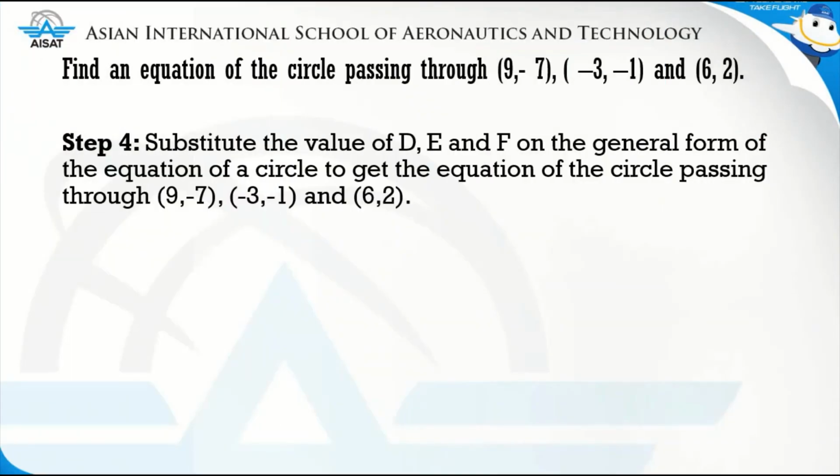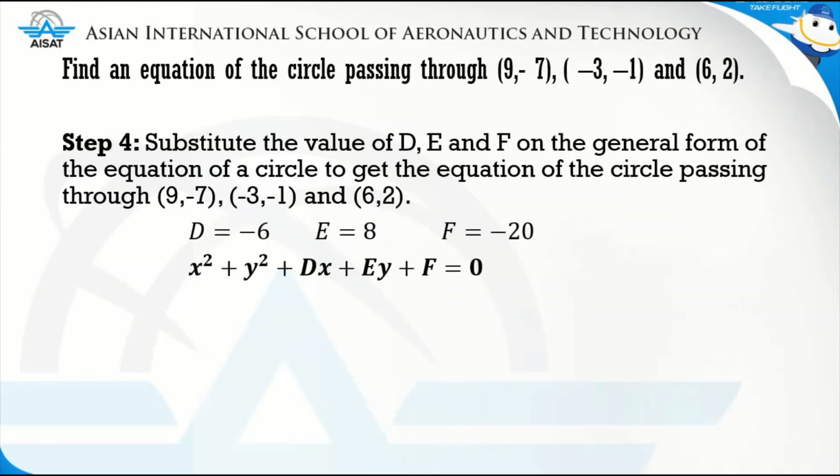So substitute the value of D, E, and F on the general form of the equation of a circle to get the equation of the circle passing through 9, negative 7, negative 3, negative 1, and 6, 2. From the general equation, we substitute D, which is negative 6, E, which is 8, and F, which is negative 20.